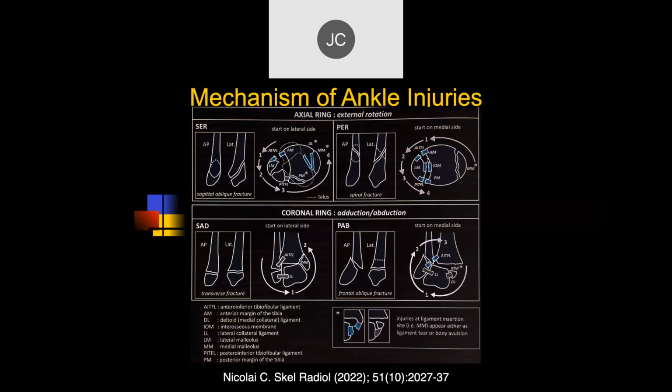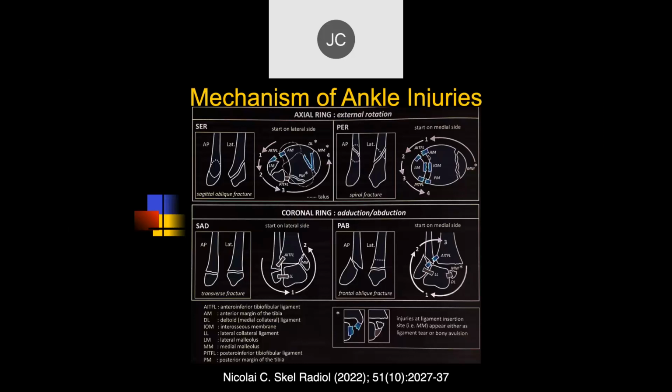You can also get fractures on the medial side of the talus, and you can get the ligamentous injuries, the anterior inferior fibular, and basically the syndesmotic ligaments, the anterior tibiofibular and the posterior inferior tibiofibular ligaments. Some people call these extension injuries.